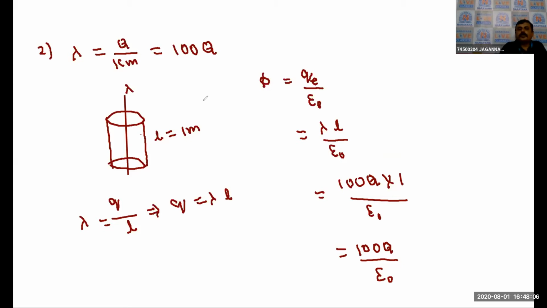Next, question number 3. When should Gauss law be invalid?